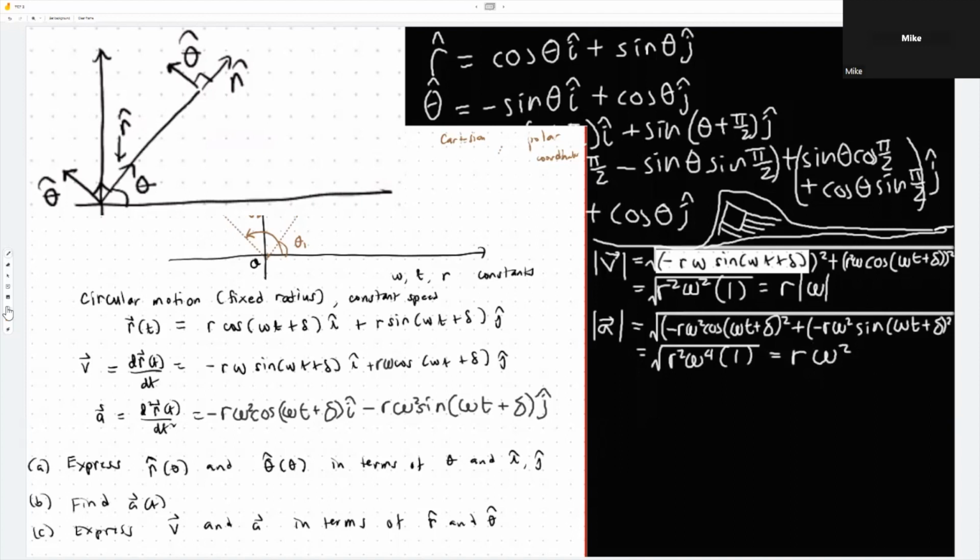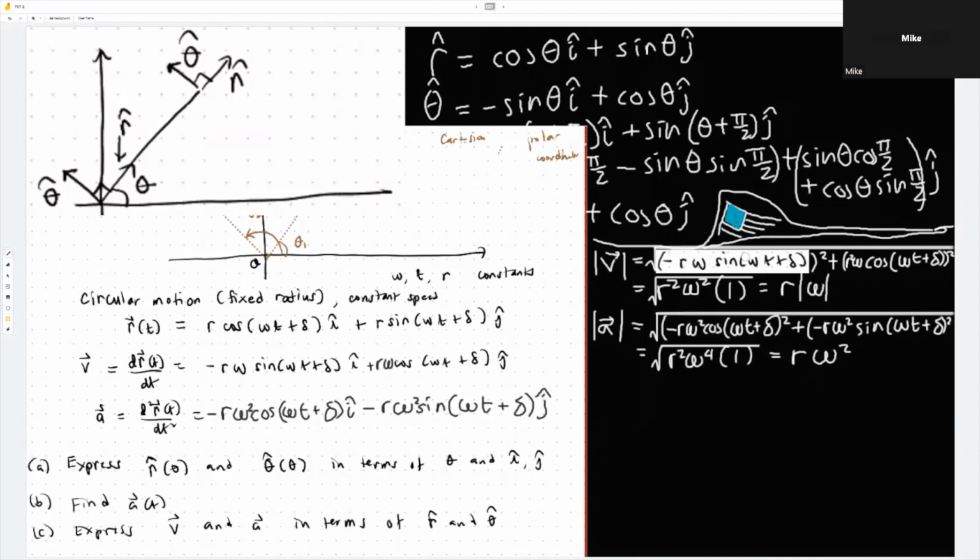So R omega squared. Now, R omega is equal to... Is there a way to express acceleration in terms of speed and the radius? The speed is supposed to be the derivative of position. Let's just use the symbol V for speed.